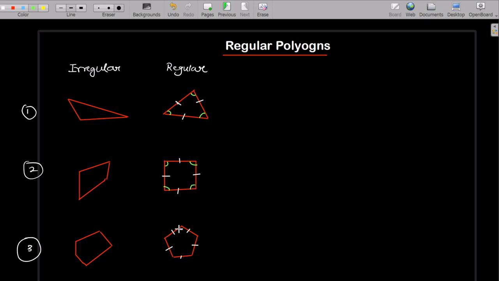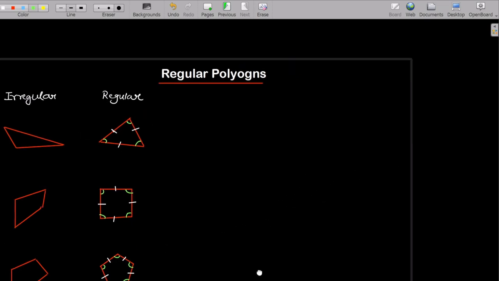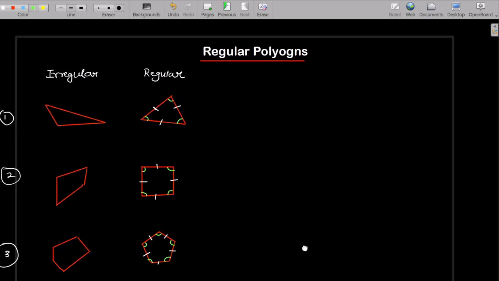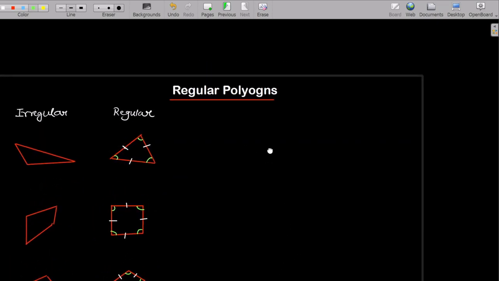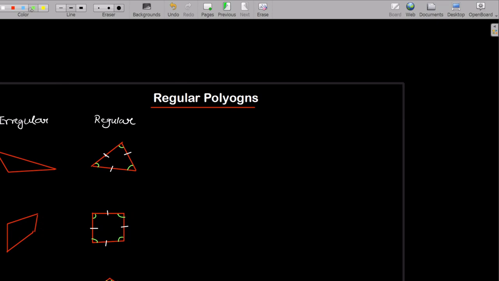We should be able to find out the measurement of each angle, and for that we use a formula. That formula is given by n minus 2 times 180 divided by n.